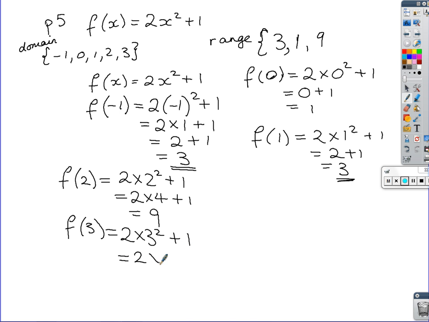So 2 times 9 plus 1 is 19. Now these are the values for the range. Now it would be more sensible to have these numbers written in the correct order, in ascending order. So I'm just going to swap the order of the first two. That's more sensible. 1, 3, 9 and 19.